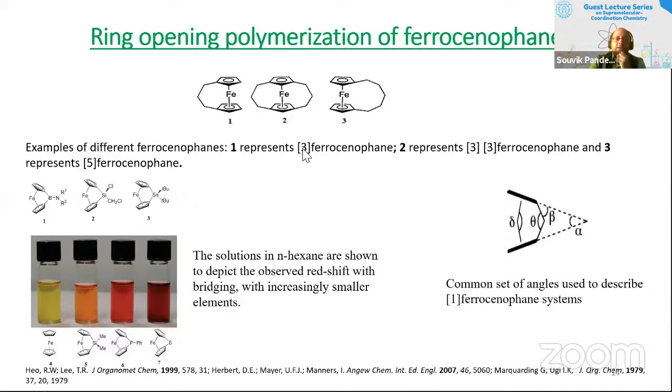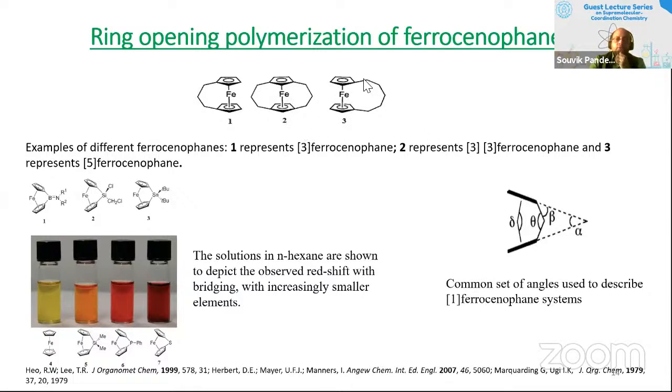In square brackets, three means the number of carbon atoms, and ferrocenophane. The two represents one, two, three, one, two, three: two substituents are there on the two sides. So you give [3]ferrocenophane. Okay, I think now you understand how the nomenclature works for this type of compound.